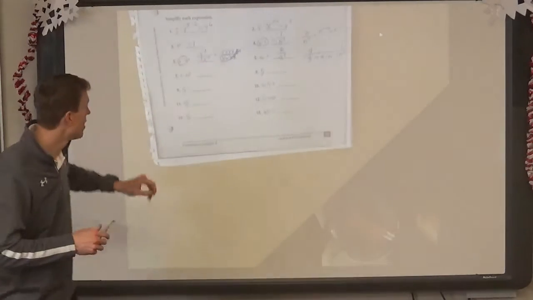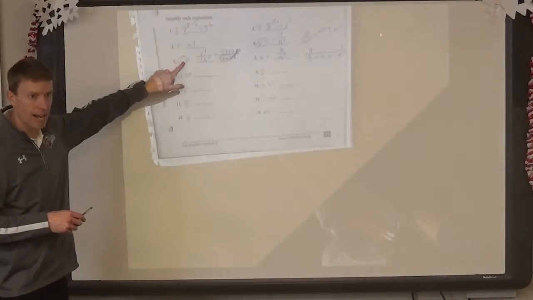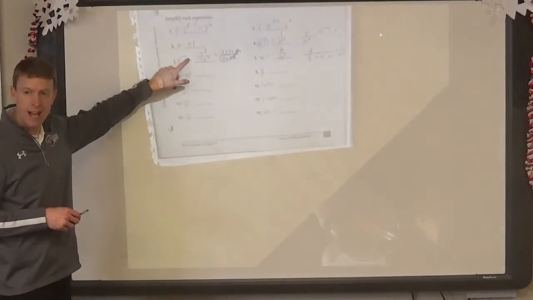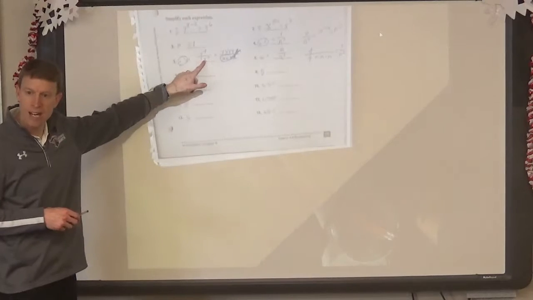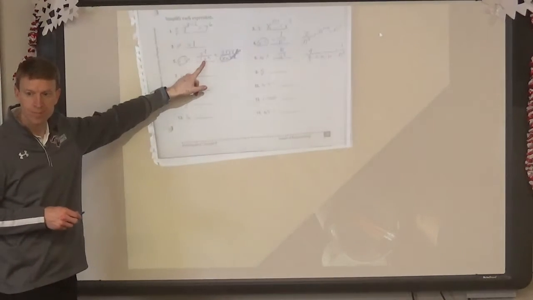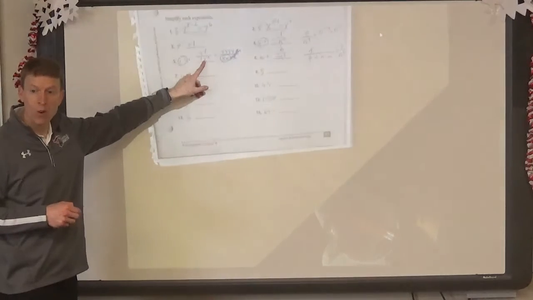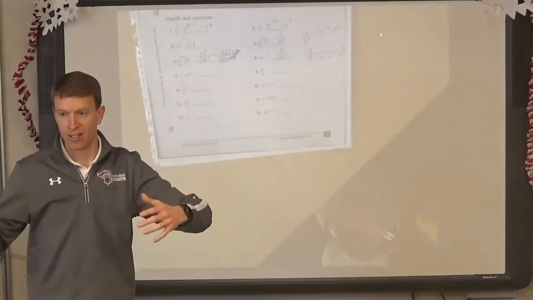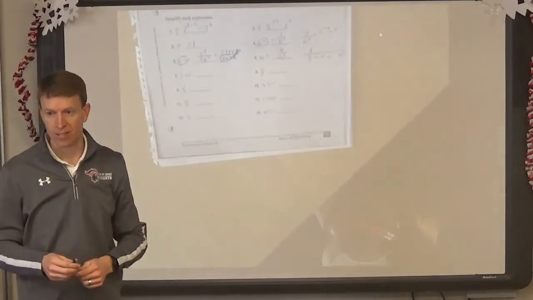You could just memorize the rule that says if the number has a negative exponent, then you can just move it to the denominator to make it positive. Okay? If you want to know why, then I can create a real situation that shows you why.